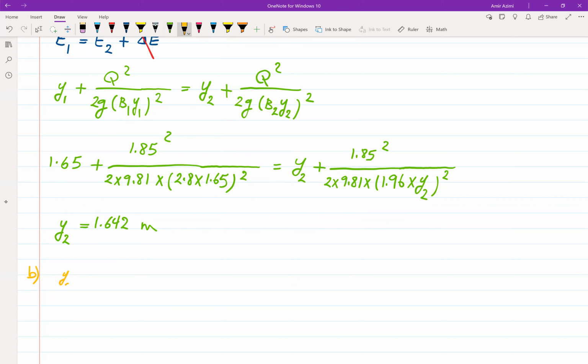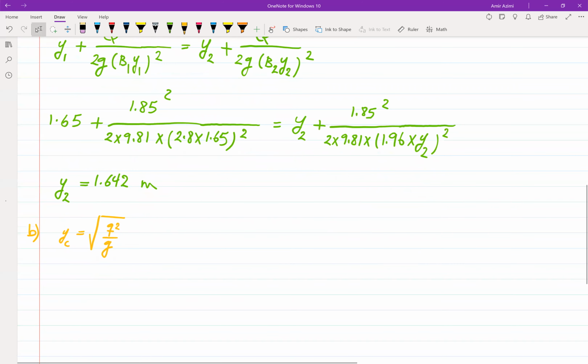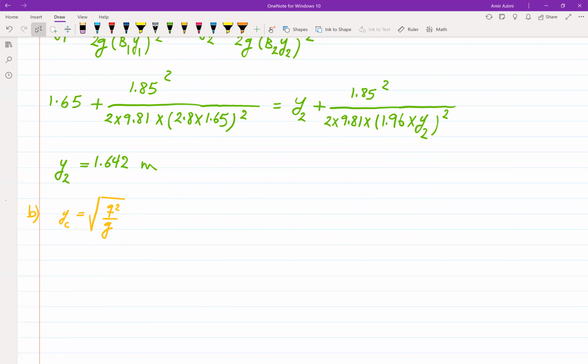We know that YC is equal to the cube root of Q squared divided by g. So you can either solve it with this method, which is correct, or you could say that E1 is equal to E minimum, and then the left-hand side of this equation you can calculate, which gives you 1.658 meter.